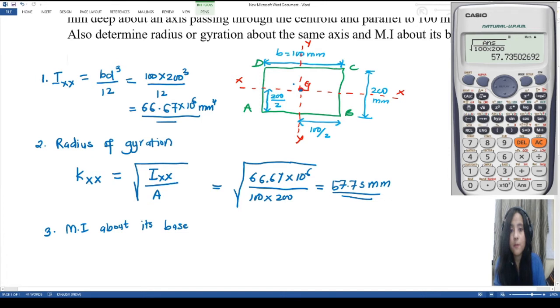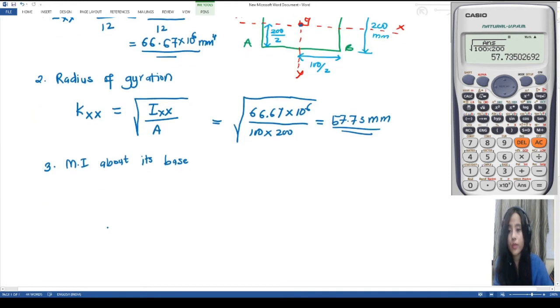Now this AB is again running parallel to this x-axis here. So if I find moment of inertia about IAB, I have to use parallel axis theorem. So the parallel axis theorem for this will be Ixx plus A h square, right?